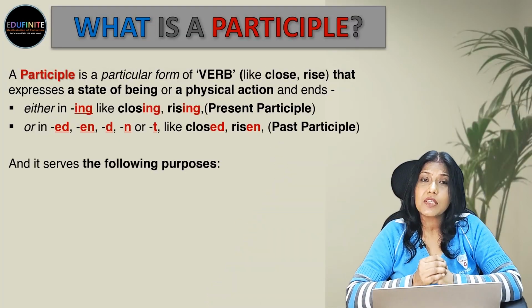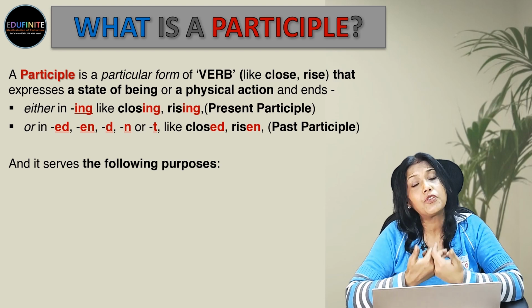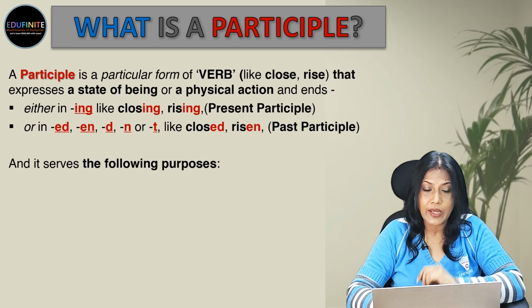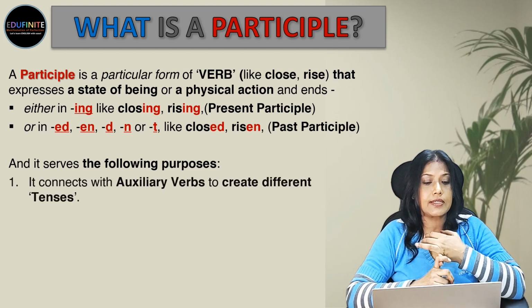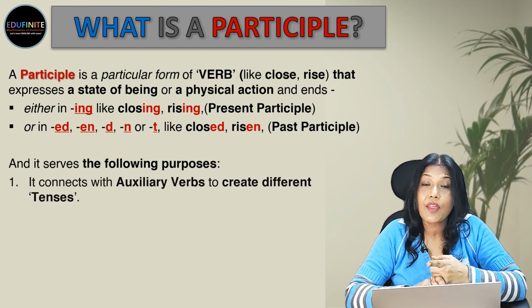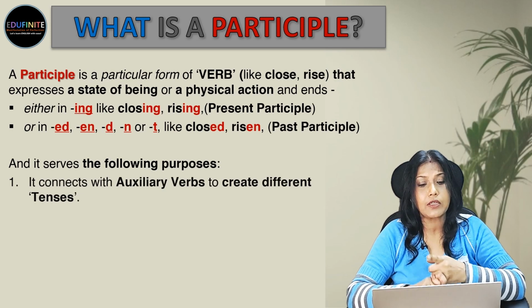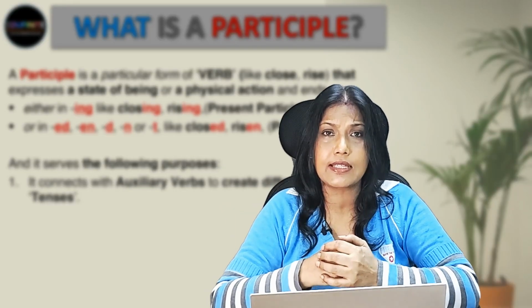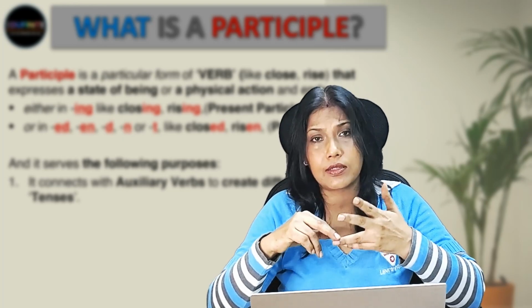And what is the purpose or the role of these participles? Well, it serves the following purposes. First is, it connects with auxiliary verbs to create different tenses. So we have different tenses like present tense, past tense, future tense.